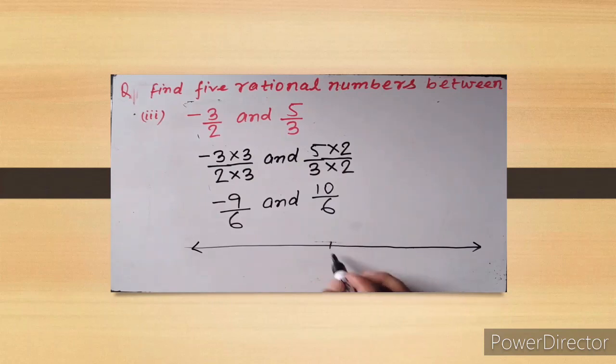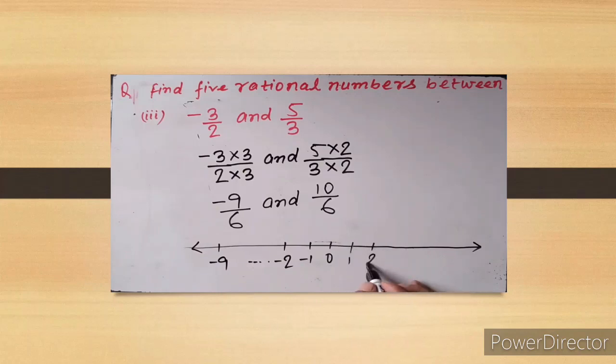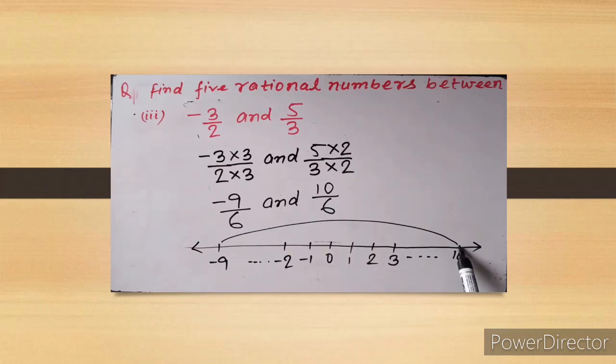You will take 0 over here and minus 1, minus 2, and so on till minus 9. On this side also you can take 1, 2, 3, and so on till 10. Mean you can see there are lots of numbers between minus 9 and 10. Lots of numbers.